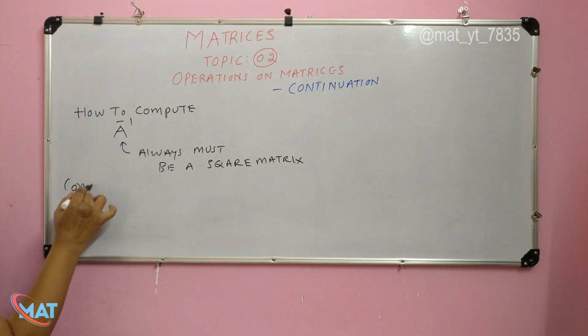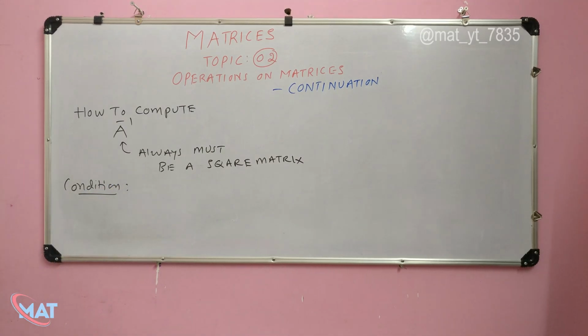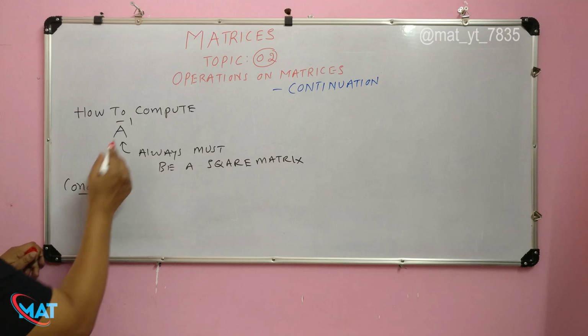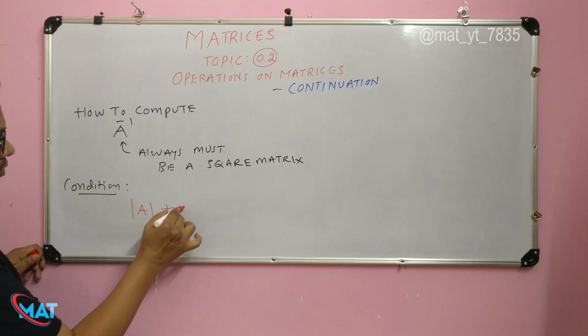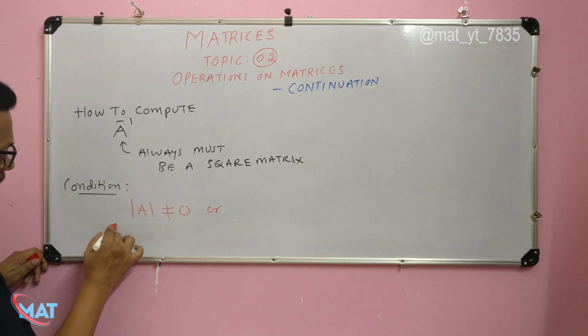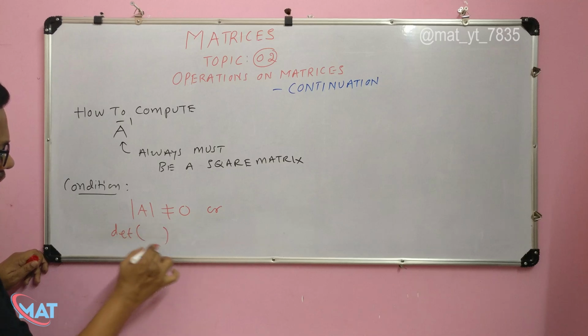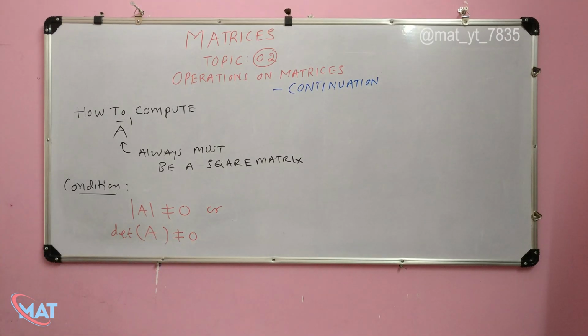Condition: the foremost condition to compute A inverse, det A cannot be 0. You can write this one as det of that square matrix, you should not get 0.